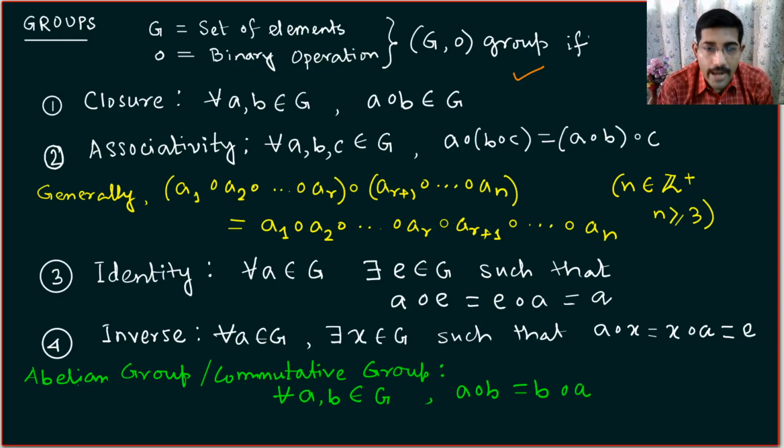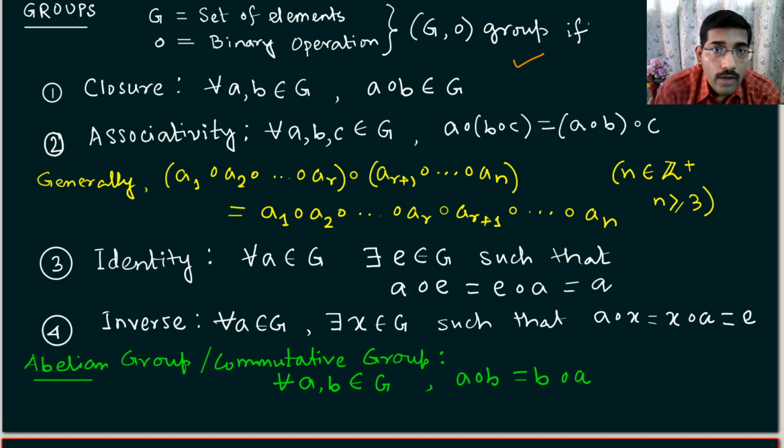So this is an additional property of groups when we call the group a commutative group. And by the way, the name abelian comes from the scientist Niels Henrik Abel.